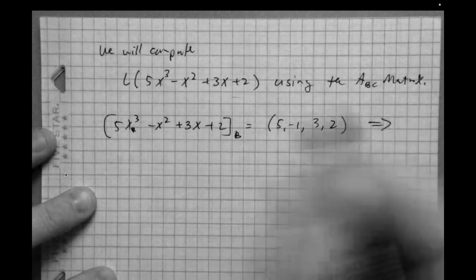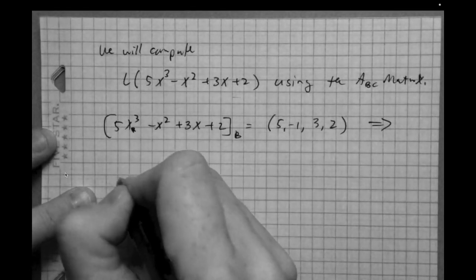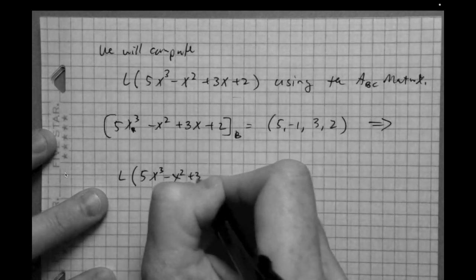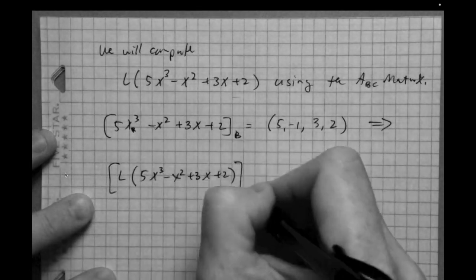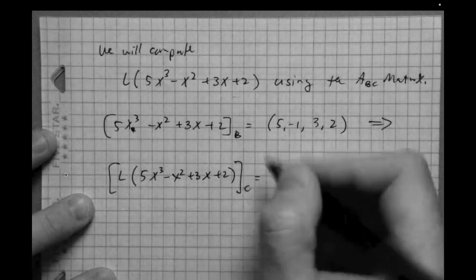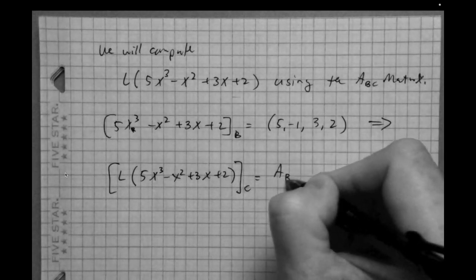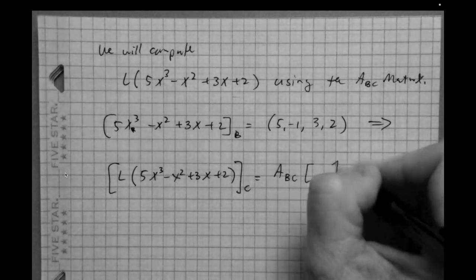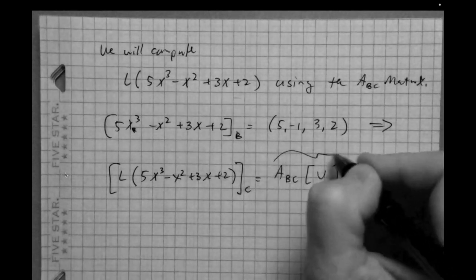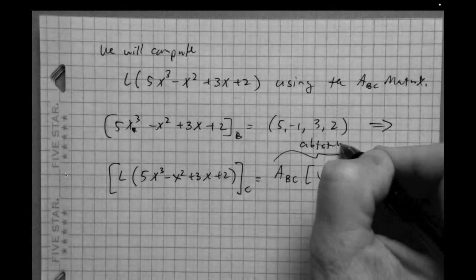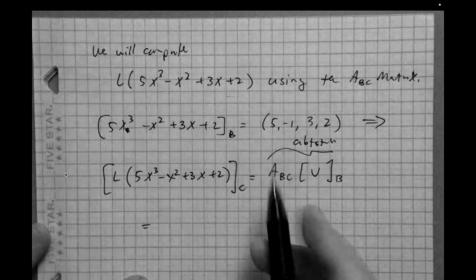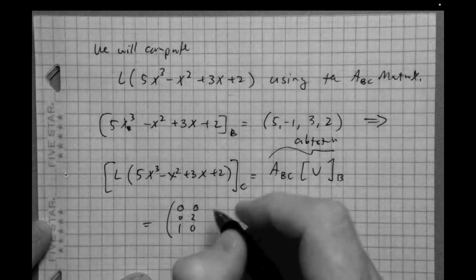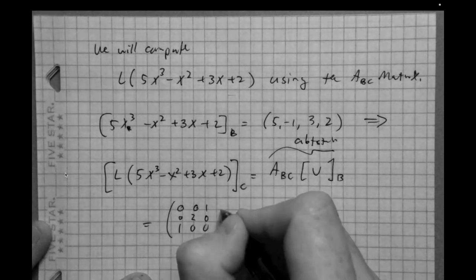And so what that means then is that L of this guy coordinatized in C is just going to be that A_BC matrix times this coordinatization in B. This is kind of abstract here, but what we're really going to do is take 0, 0, 1, 0, 2, 0, 1, 0, 0, and then 1, 0, -1.